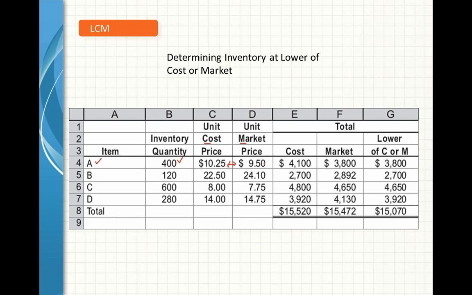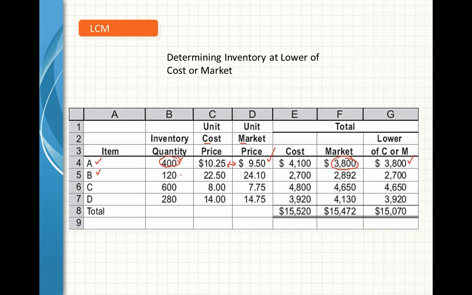So the market price is lower, so I should apply this. When I multiply 400 units times 10.25, it is 4,100. 400 units times 9.5, it is 3,800. So this is the lowest value as compared with cost price. So I have to take 3,800.